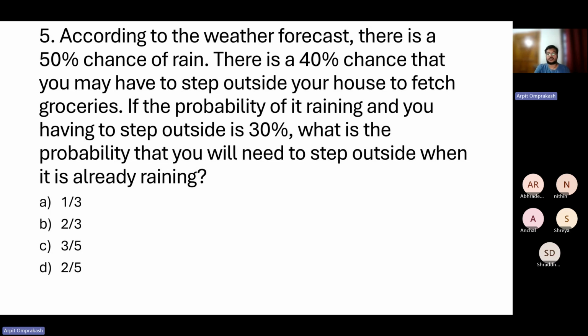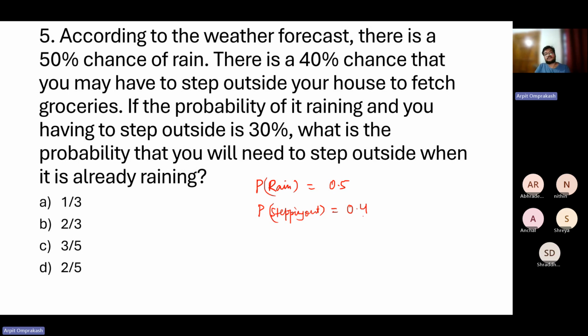Right. So we'll just write out in short form whatever is given. There is a 50% chance of rain. So the probability that it will rain is 50% or 0.5. There is a 40% chance that you may have to step outside to fetch groceries. So the probability of stepping out is 40% or 0.4.